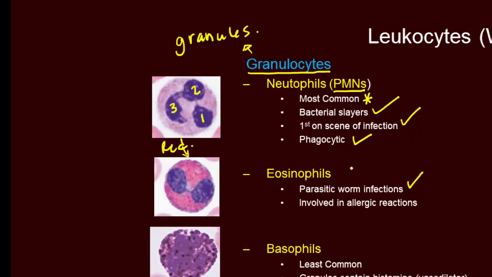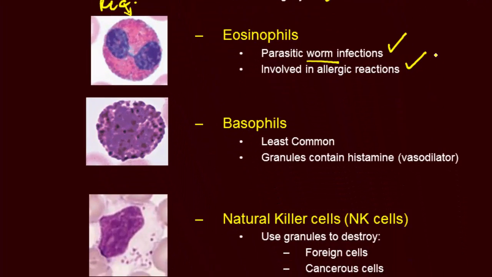Those eosinophils are going to dump their cytoplasmic contents onto those large parasites and break them down into smaller pieces so that phagocytic cells can take care of them. Eosinophils, we also see increase in number in allergic reactions. So for example, if someone who has asthma goes through an allergic reaction, we can look at the tissue in the respiratory passageways, and we'd see large numbers of eosinophils in the area.